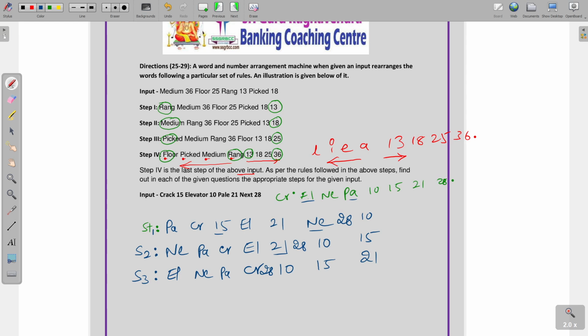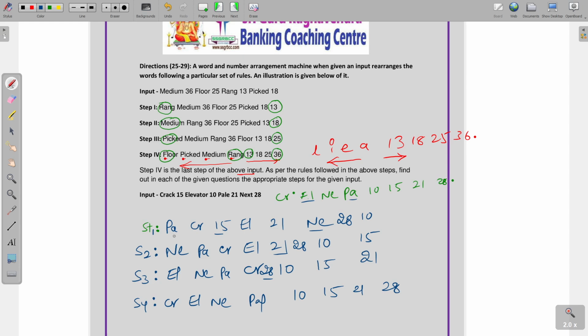And see the next, step 4. So in step 4, 10, 15, 21 and 28. Okay, and next crack, elevator, next, and pale. It is the final output of the machine input.